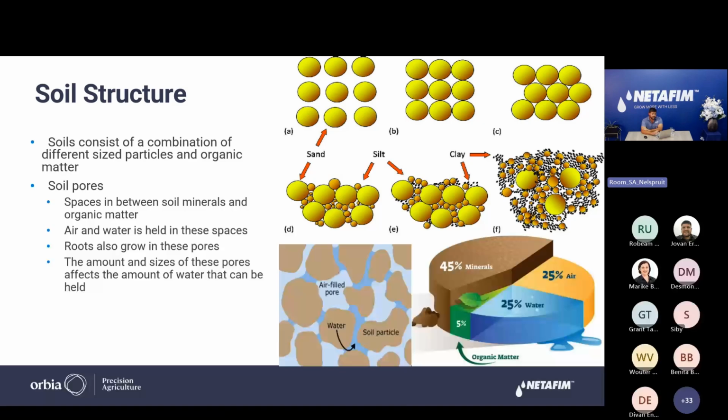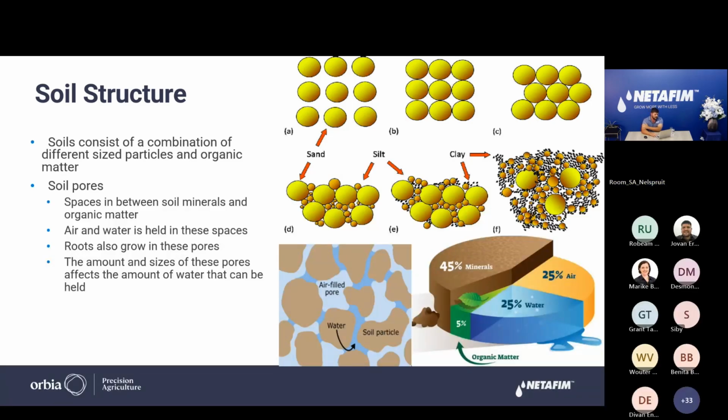You will have sand particles, the big yellow ones, and then the smaller you go, you can have silt particles, which would be the orange, and then you can have the clay particles, which would be black, and then obviously in between you'll have organic matter as well.